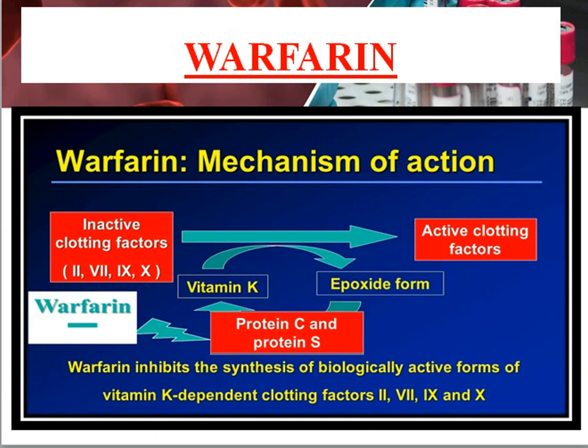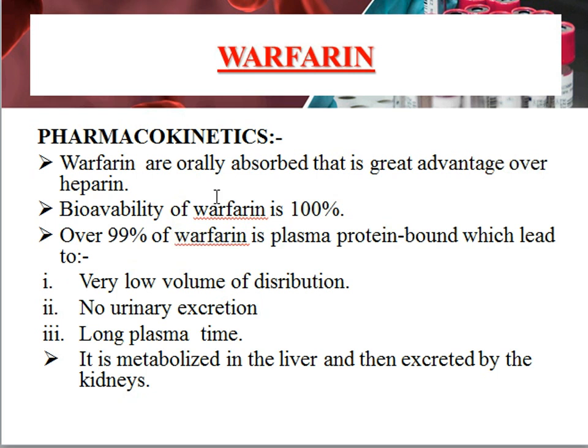Next, mechanism of action: the inactive clotting factors 2, 7, 9 and X are converted into active clotting factors. Vitamin K, converted by the epoxide form, forms protein C and protein S. So warfarin inhibits the synthesis of the biologically active form of vitamin K-dependent clotting factors 2, 7, 9 and X. Pharmacokinetics: orally absorbed, a great advantage over heparin.